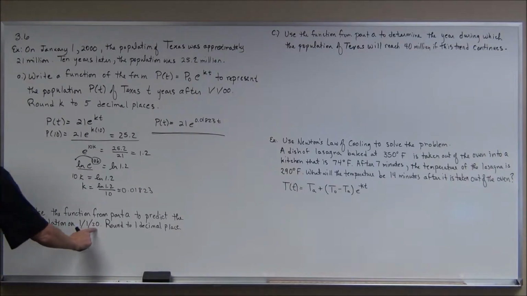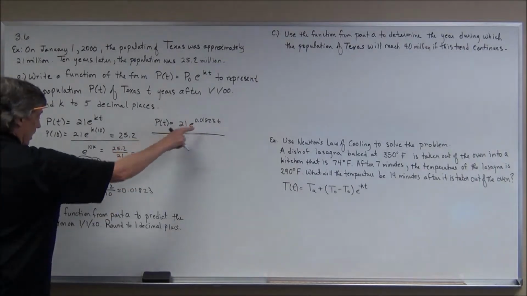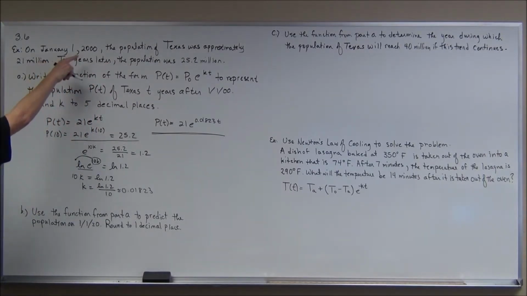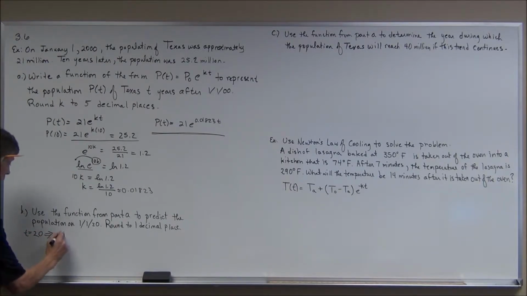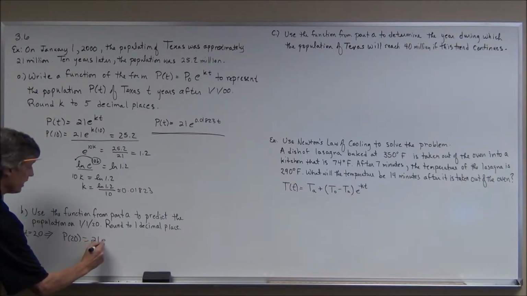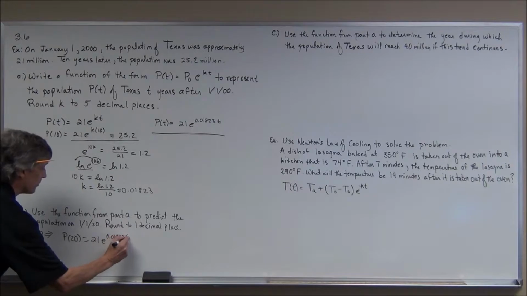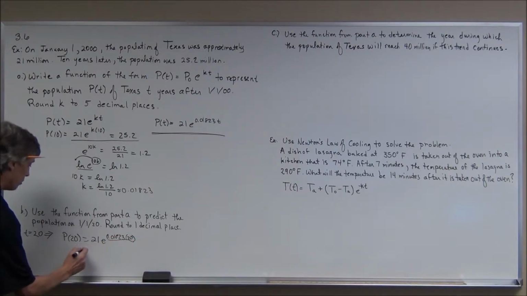So I'm going to plug in 20 for t, right? Because this is 20 years after the initial time of January 1st, 2000. So t is 20, and that's going to give me P of 20 is equal to 21 e to the 0.01823 times 20. So of course I'm going to multiply here, e to that power times 21.